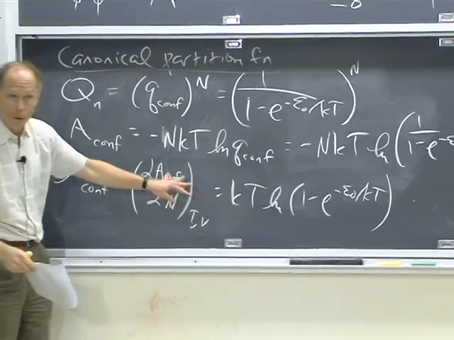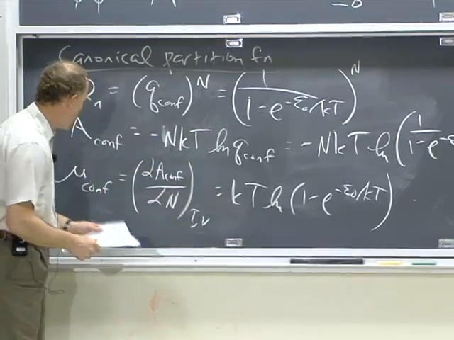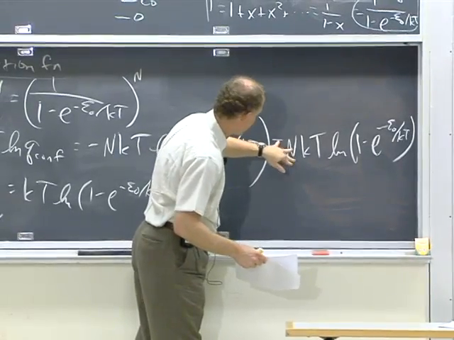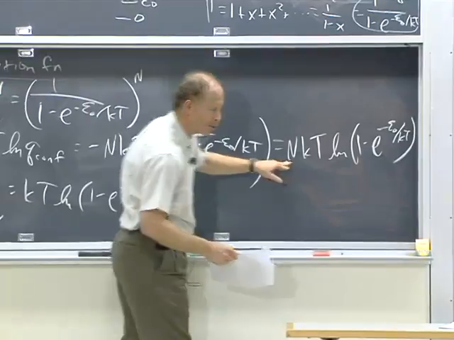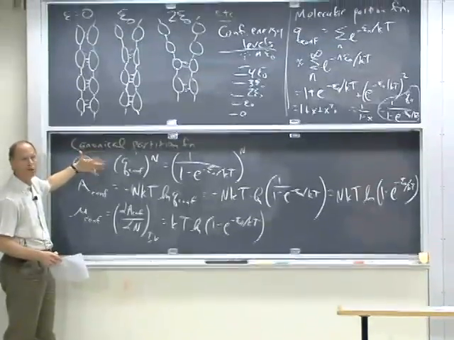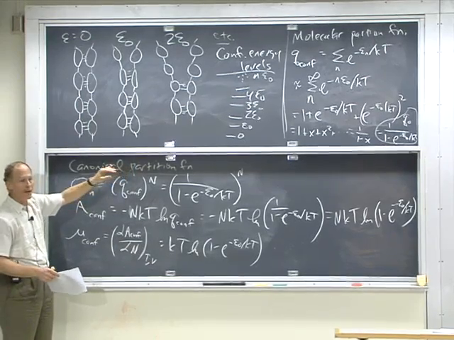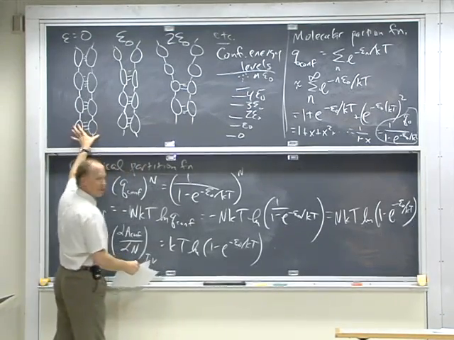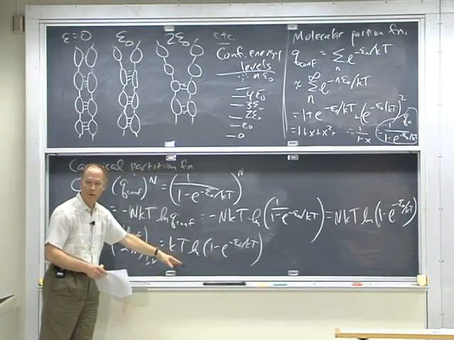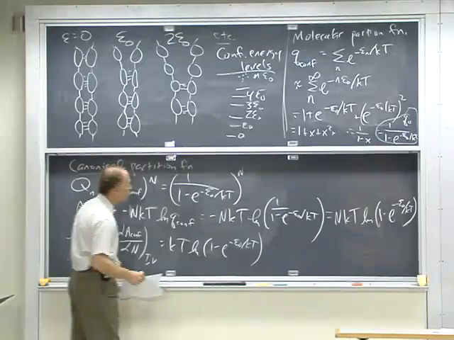And the important point to realize here, which we mentioned last time too in the examples we considered, especially the last one, is that because the only place that N figures in is as a multiplicative factor, what this is telling us is that we just have a chemical potential, a Helmholtz free energy per molecule. The molecules are all independent. The total energy doesn't depend on any interaction between this molecule and its neighbor somewhere else. So terms like this are simply additive. So if we work out the chemical potential, it's just 1 over N times A.